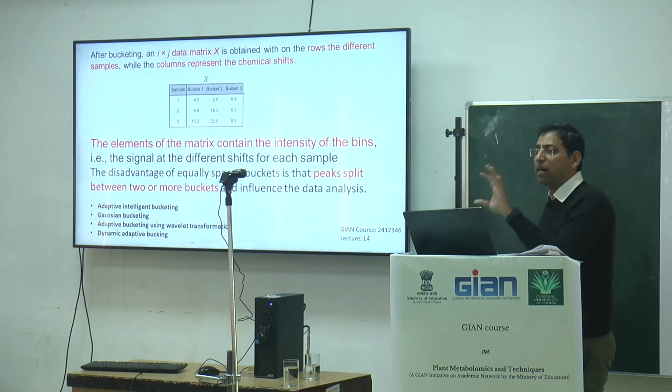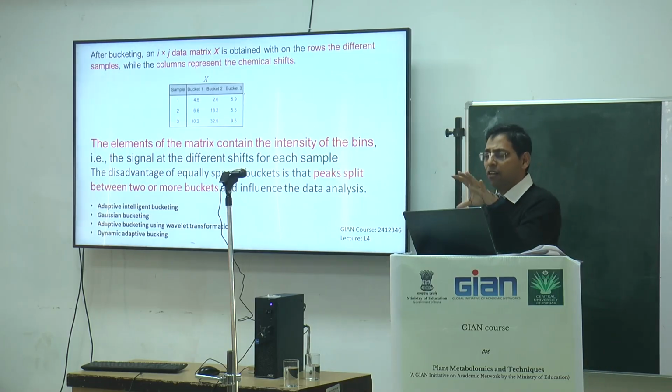So after bucketing, what happens is that the raw data was present in the form of peaks. Now we have to convert the raw data present in the peaks into some matrix, because the whole data analysis is based upon numerical values.